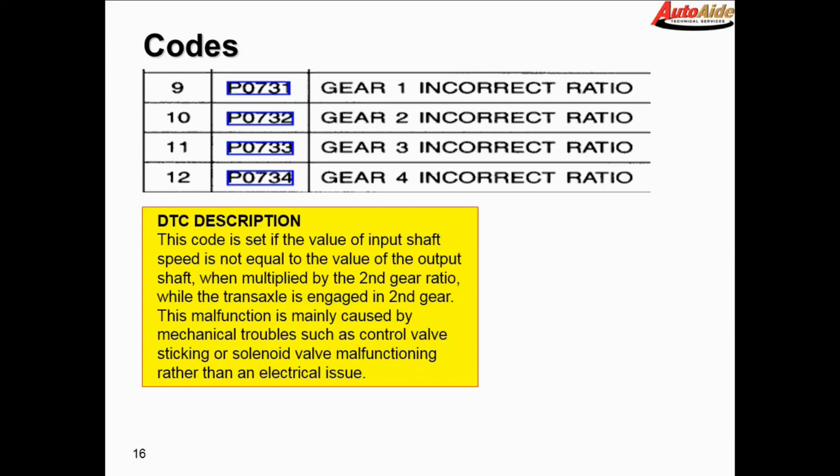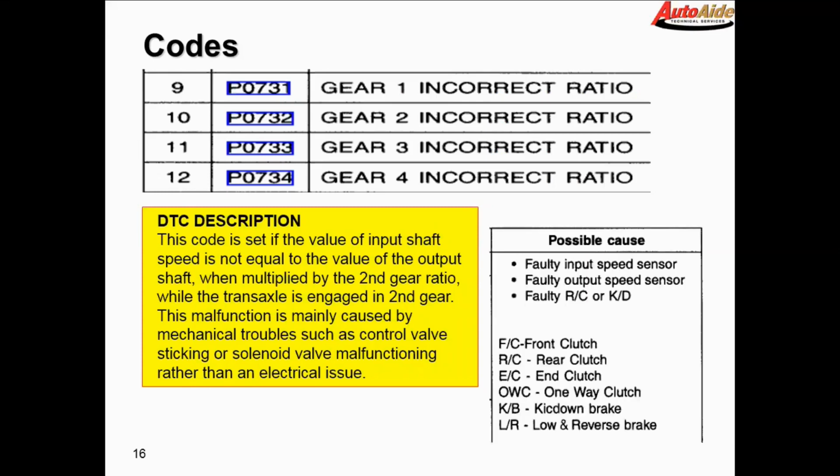This malfunction is mainly caused by mechanical troubles such as control valve sticking or solenoid valve malfunctioning rather than an electrical issue. That's the logic behind the code. But then when you look at the list of possible causes for this, they have basically thrown everything at it but the kitchen sink.